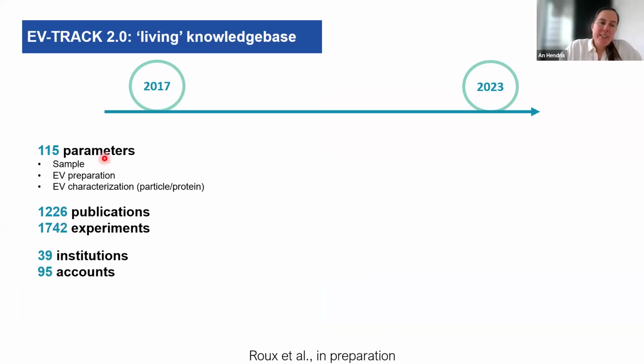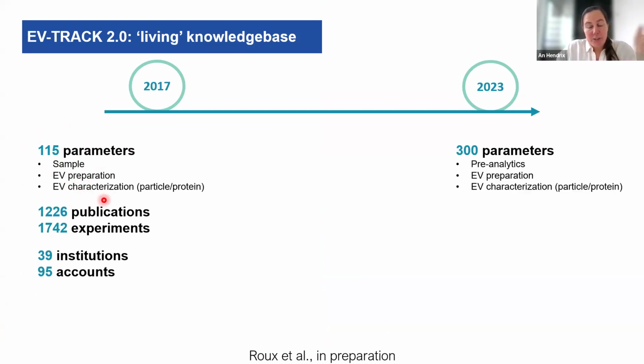In the first study, we analyzed 115 parameters related to the sample type, the preparation method, the characterization method. To date, we are over 300 parameters, questioning for each of the biofluids which pre-analyticals are important, and more extended parameters, with additional methods that have been added in terms of EV preparation and characterization.